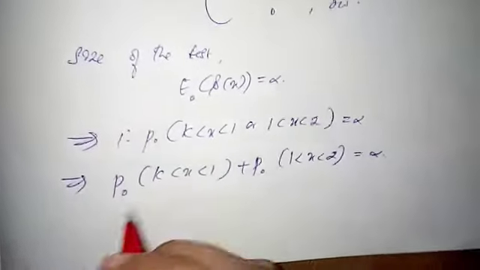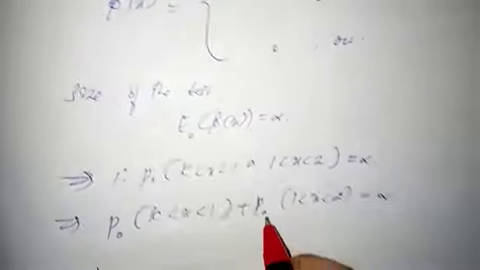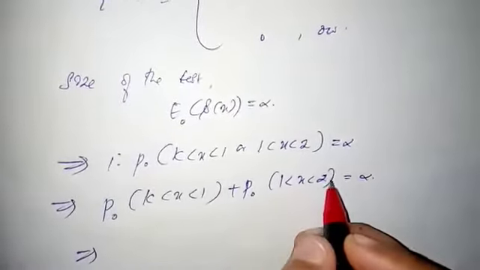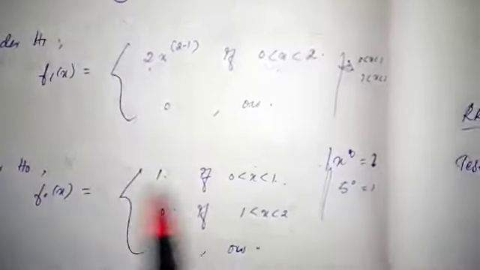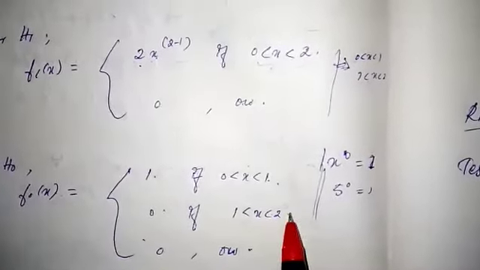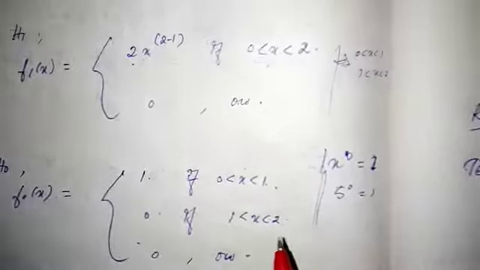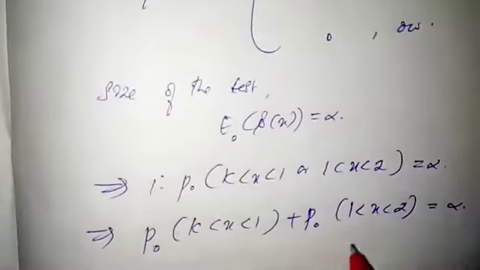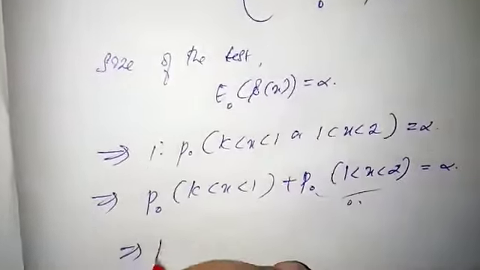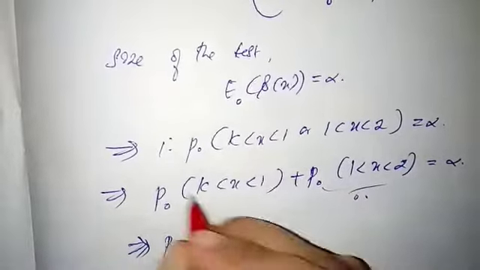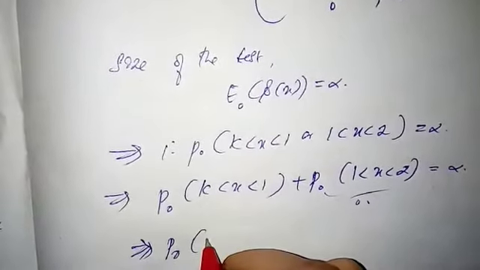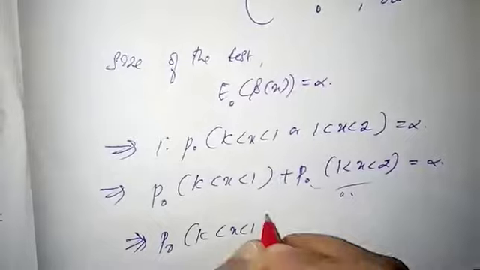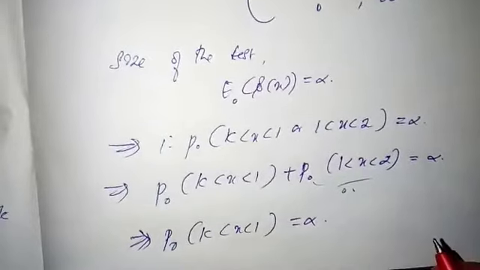Under H naught, the probability of 1 less than x less than 2 is 0, because f naught of x is zero there. Then we can write this as the probability of k less than x less than 1 equal to alpha.